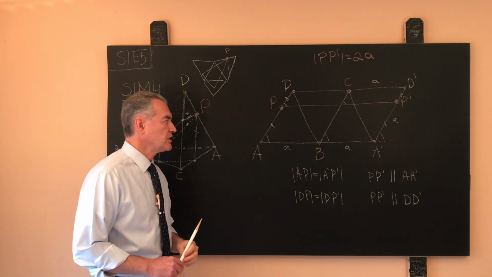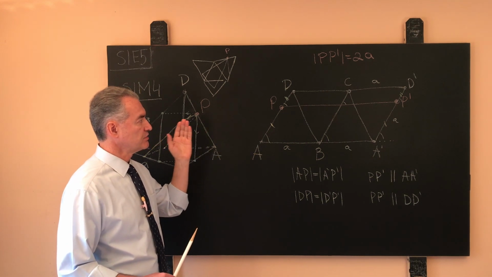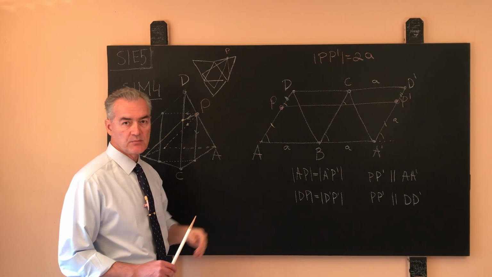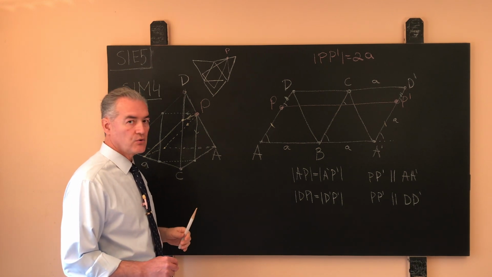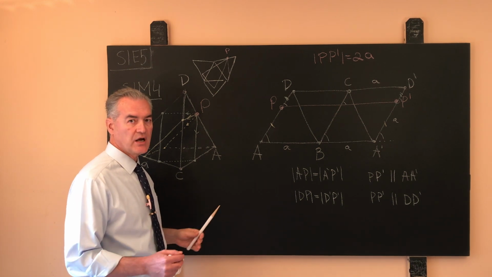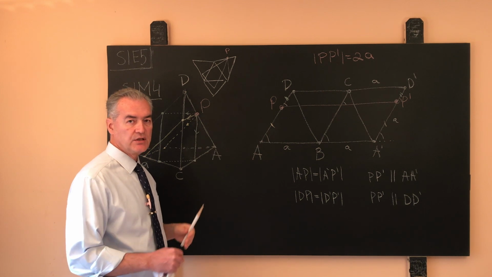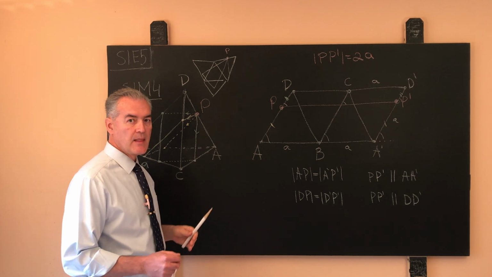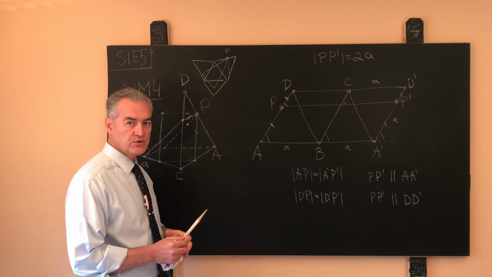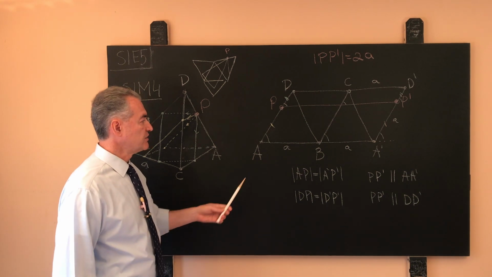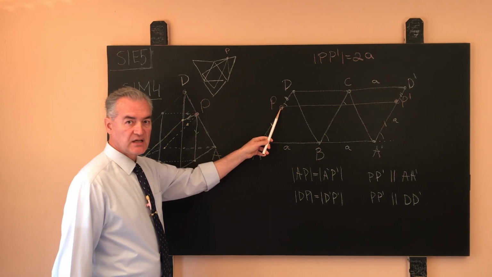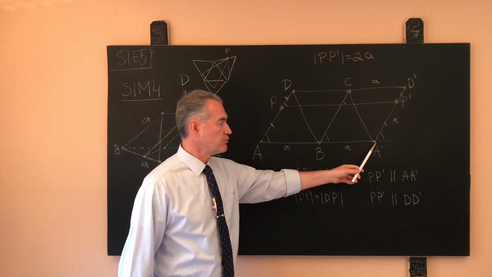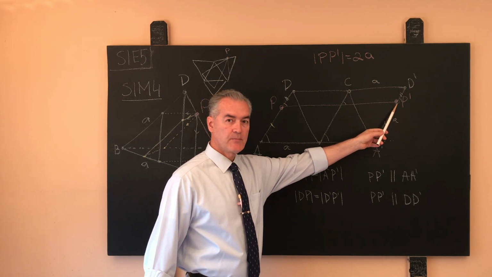Now, what can we say about the solution orbit P prime in this particular case? Well, because our process of cutting a given solid into a corresponding net preserves the distances between the points, it follows that the distance from the point A to the point P will be exactly the same as the distance from the point A to the point P prime.